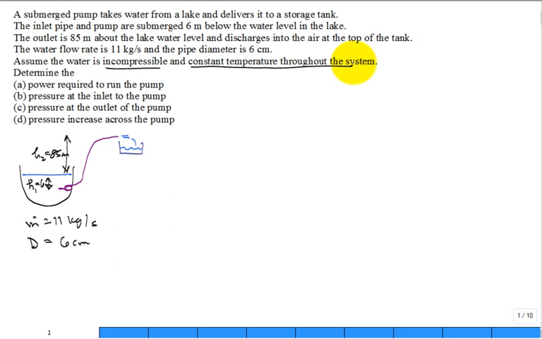Determine the power required to run the pump. How are you going to solve this problem to calculate the power required to run the pump? What you want to do is struggle with it. You're going to apply an energy balance to what?